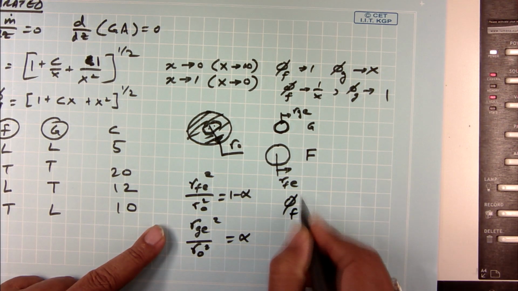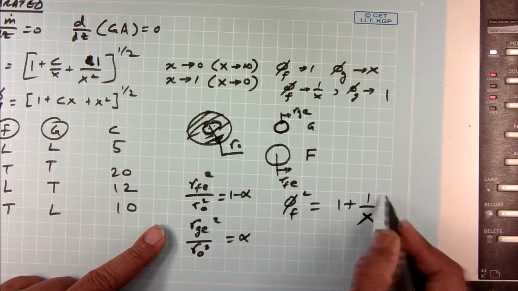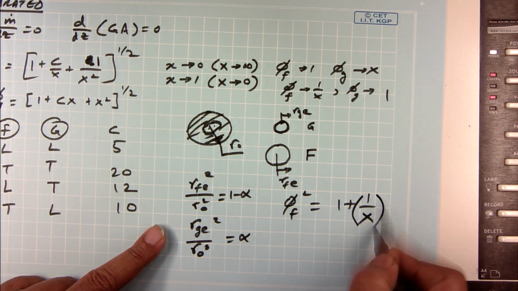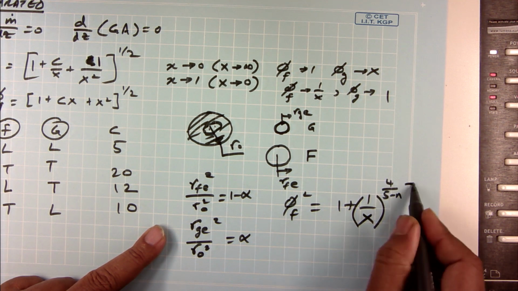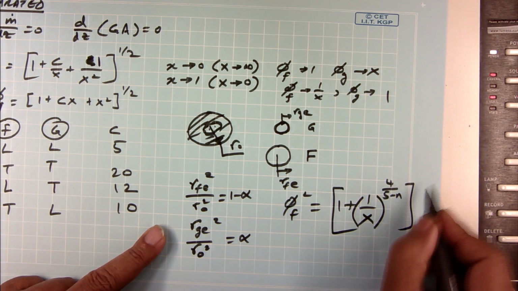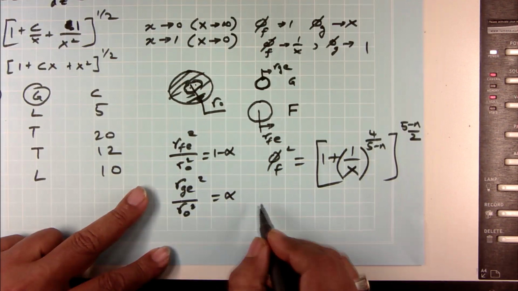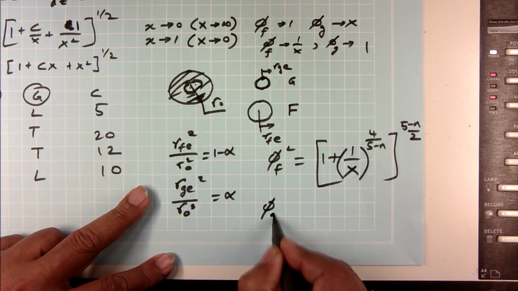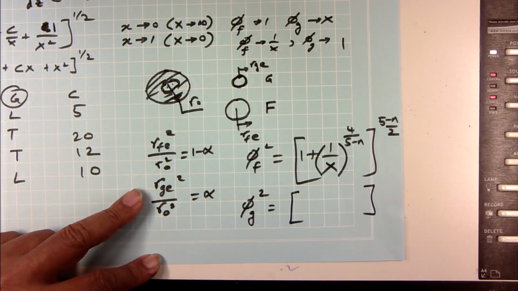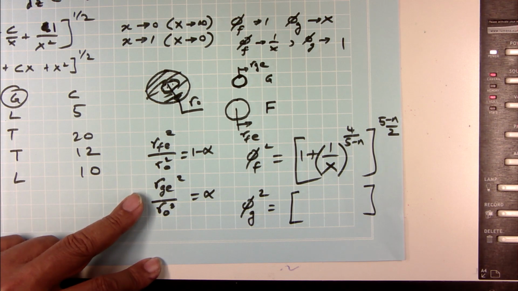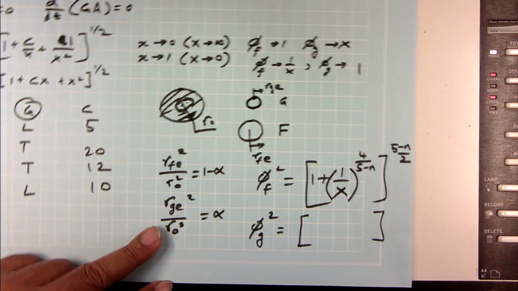So, your phi f square becomes 1 plus 1 by Martinelli parameter to the power of 4 divided by 5 minus n, to the power of 5 minus n by 2. I will come to in a second what I mean by n. And then similarly my phi g square, and that is the beauty of this method, even without caring for the instabilities in the flow, you can simplify the solution.